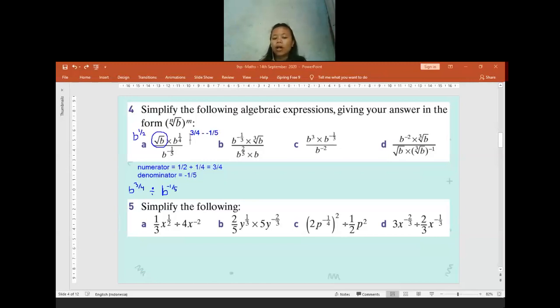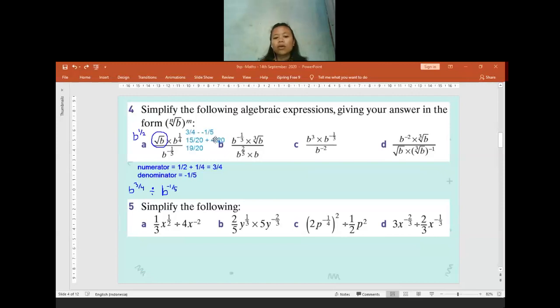We can make all the denominators the same, per 20. So it will be 15 out of 20, and then minus and negative returns to plus. So we add 4 by 20. In the end, we have 19 by 20.